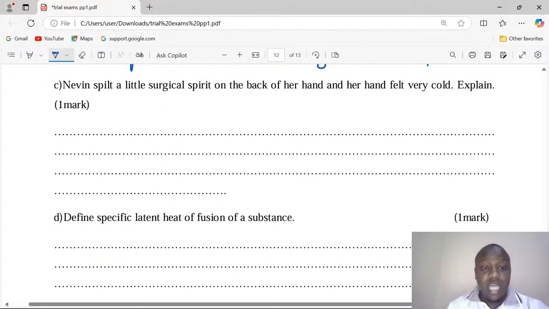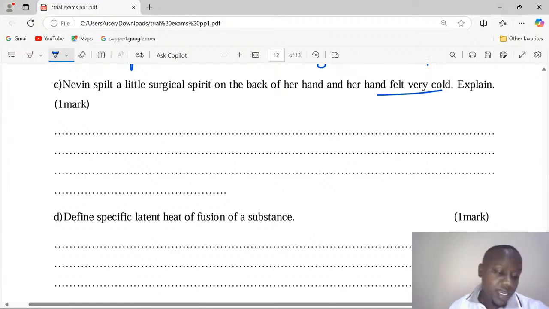Nevin spilled a little surgical spirit on the back of her hand, and her hand felt very cold. Explain.